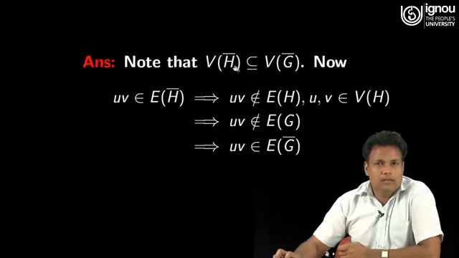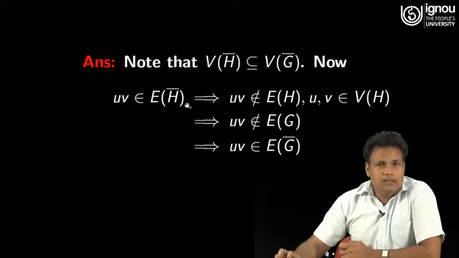We are given that H is an induced subgraph of G. So, it follows that V(H bar) is a subset of V(G bar). Now, we shall show that E(H bar) is a subset of E(G bar). So, we just pick any edge UV in H bar.